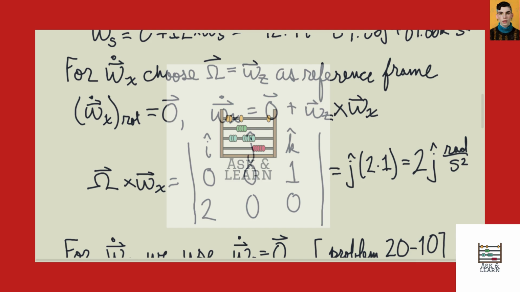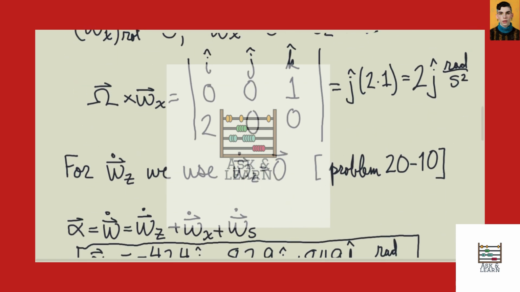That can be set to 0 for the first part of our coordinate frame transformation equation. As such, what we're left with is the second component of our chosen rotating frame with respect to the fixed frame. That leaves us a cross product of vector omega z cross vector omega x. Inserting the cross product into our matrix determinant operator, we are left with 2 unit vector j radians per second per second.